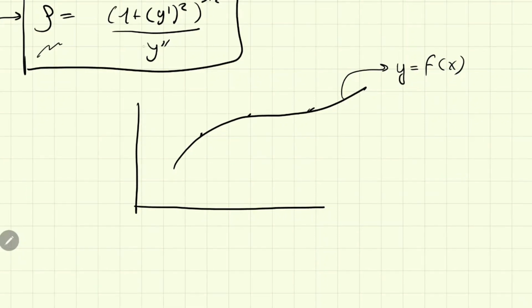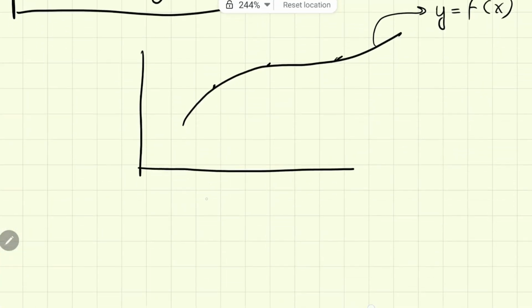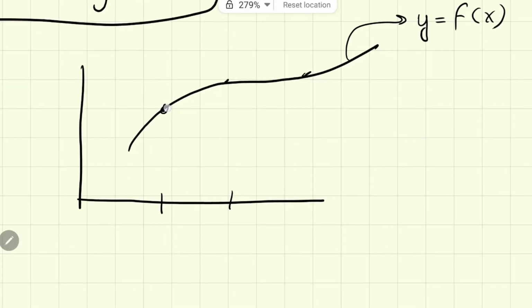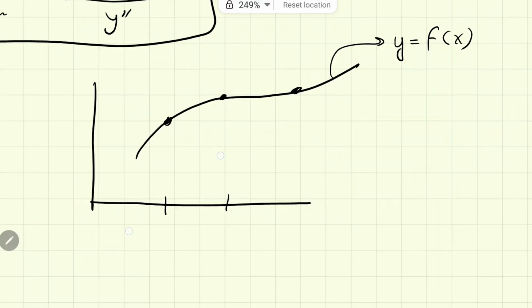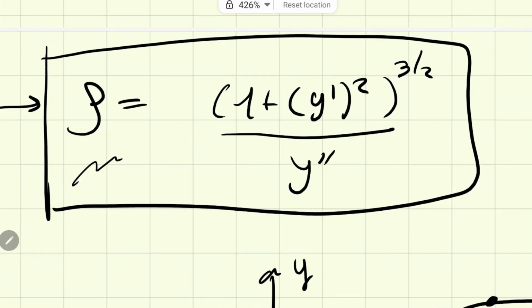We substitute in this formula over here, and then we evaluate at the point we are interested in. It's not the same to calculate the curvature at this point or at this point or at this point, of course. Perfect. So I think that this is the final result of the lesson. Thank you so much for watching.